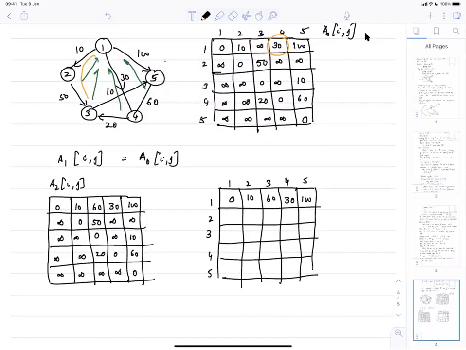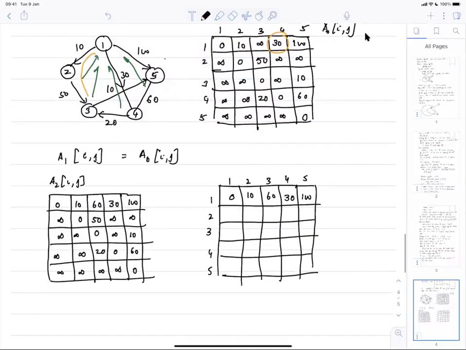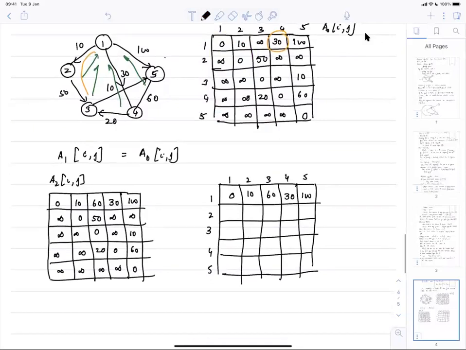Now, because I included 3, now 2 to 3 is 50, right? 2 to 1, there's no path, 0. And 2 to 4, there is still no path. But 2 to 5 will get updated. 2 to 5 will become 60 now.